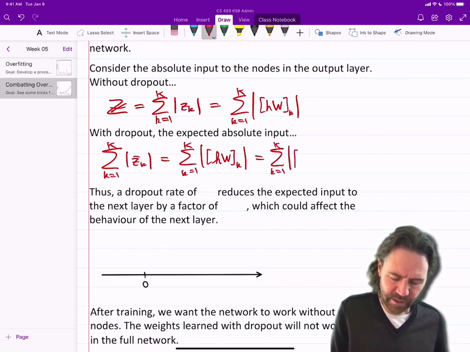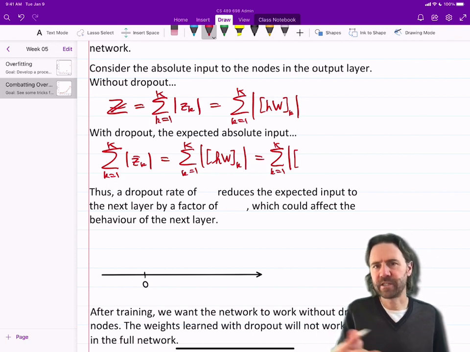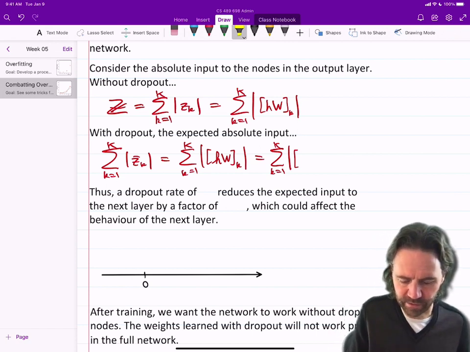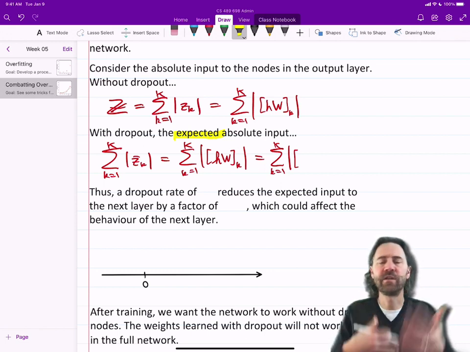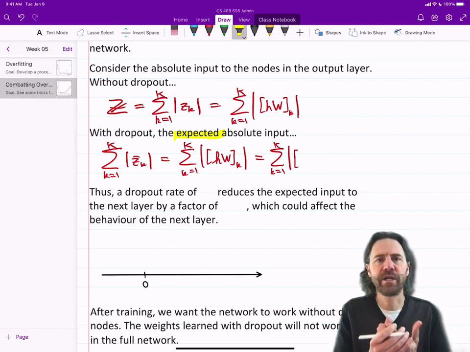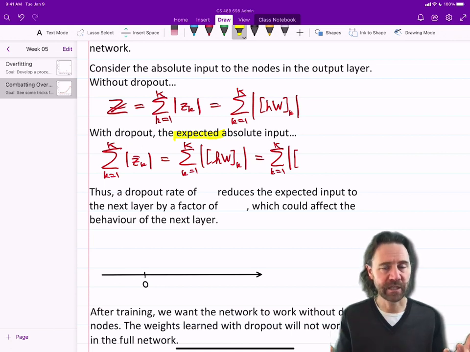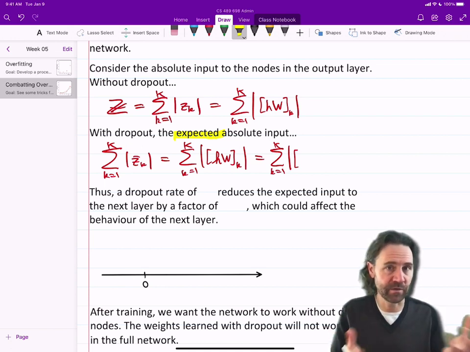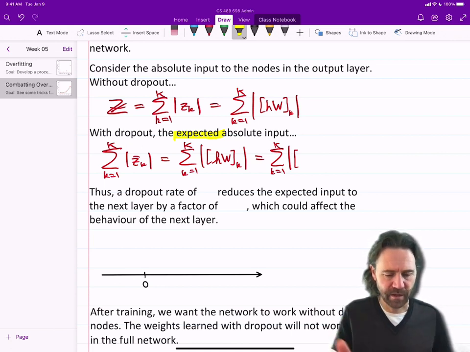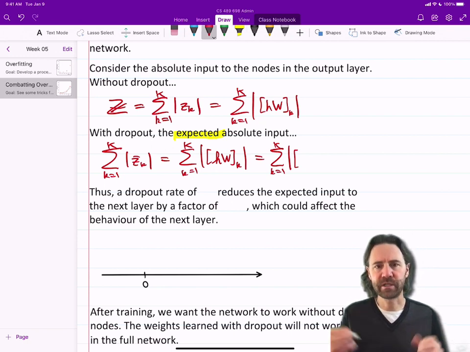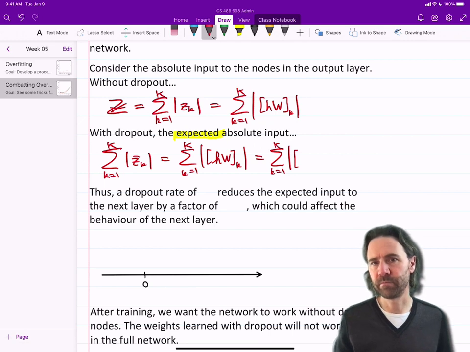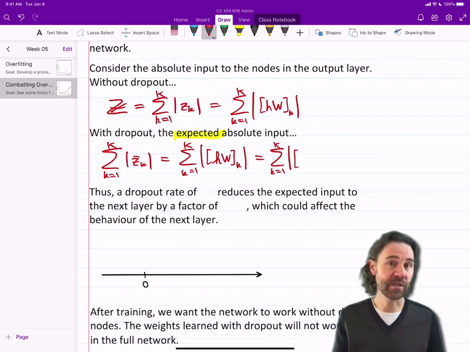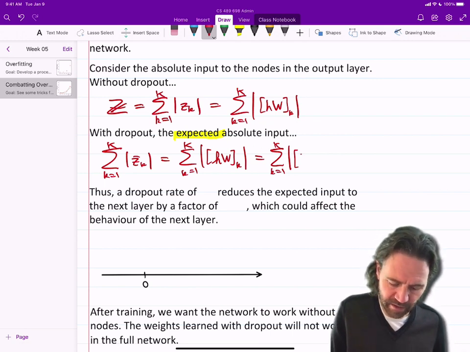Since we're looking at the expected absolute input, this is the expectation over doing many experiments where we drop out different nodes at different times. Over the long run, we would expect each node to be 0 alpha of the time, which means it's non-zero 1 minus alpha of the time.